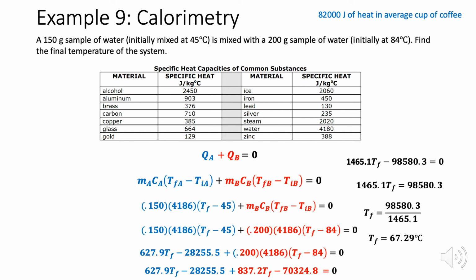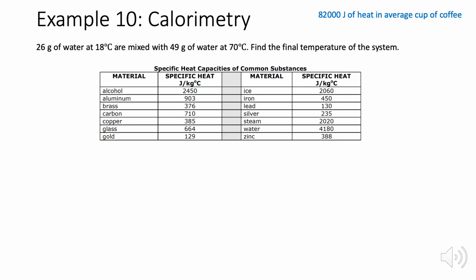Now time to move on to the final example. It's the final countdown. So for this question, I have 26 grams of water at 18 degrees Celsius. That's mixed with 49 grams of water at 70 degrees Celsius. Find the final temperature of the water. Same thing, I'm mixing water.